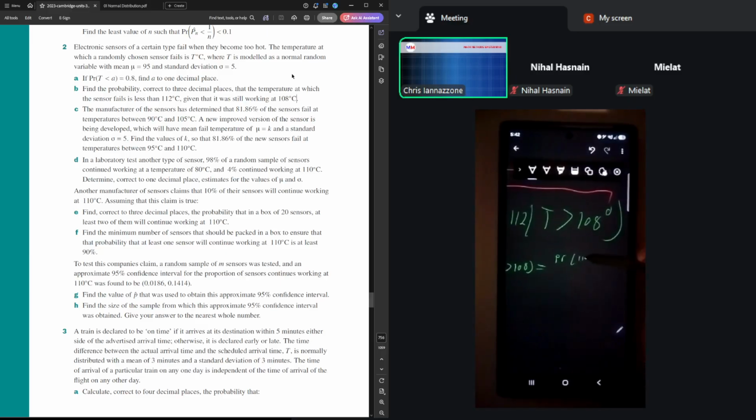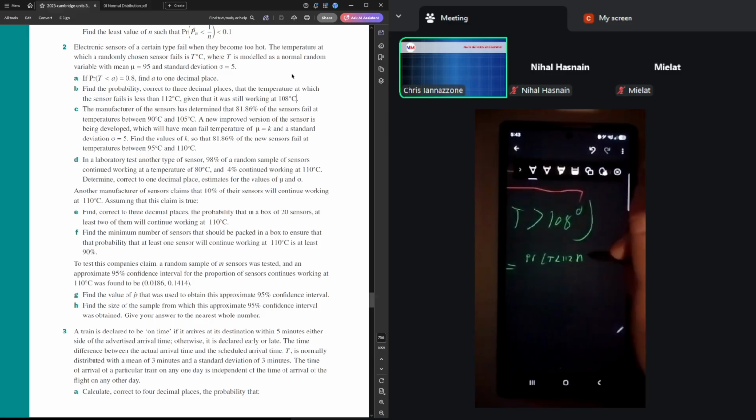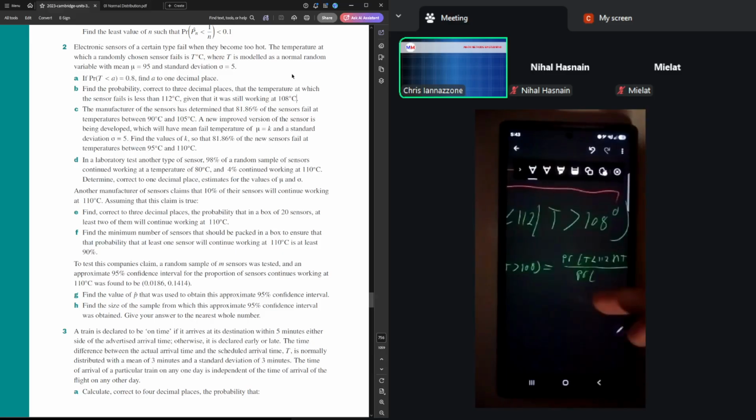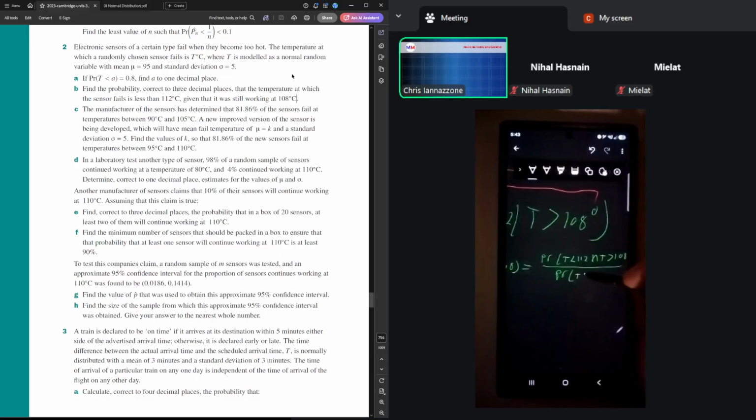So 112 intersect 108. Should probably do the greater than and less than signs. I'm just being lazy. T less than 112 intersecting T greater than 108, and then to finish it off, dividing by the conditional itself, which is T greater than 108.